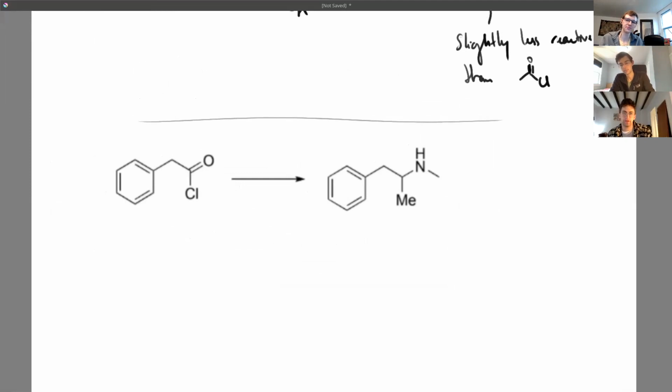So that's just an acid chloride to, ooh, but we have to do, so what would be the best thing to do here first? Because we want to add on another carbon, right? 3, 4, yeah.